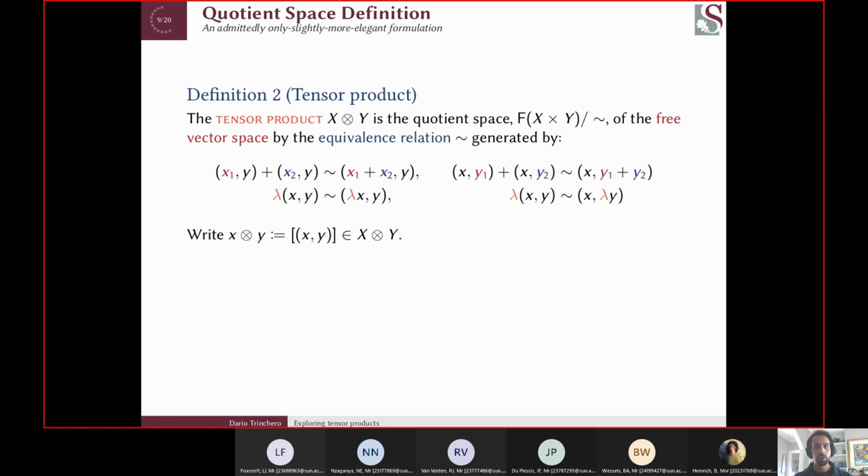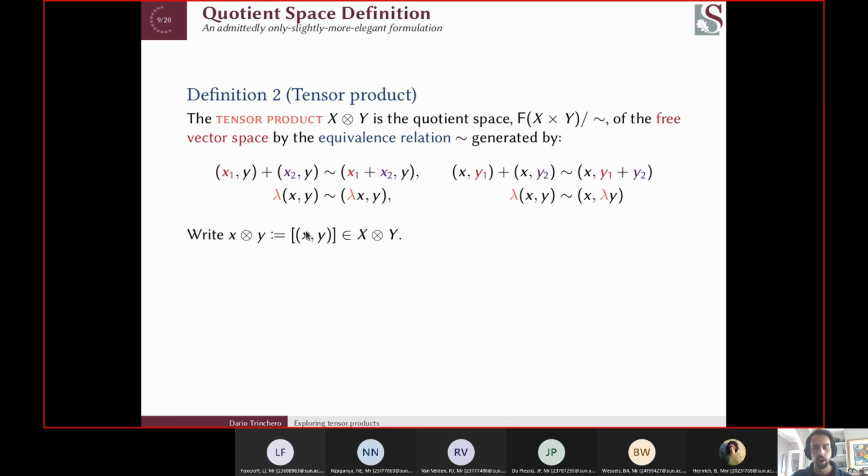And then we have a special notation, which is that we use the same symbol. This is called the tensor symbol, or some people call it the tensor product itself. We use the same symbol to represent the elements. So remember I said that things inside a quotient space were these equivalence classes, which we use the square brackets to represent.